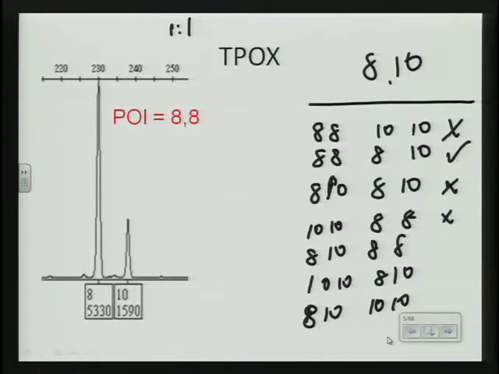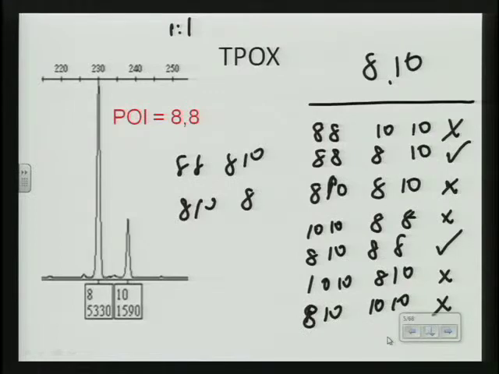No, that goes out. 8, 10, 8, 8? Yes. 10, 10, 8, 10? No. And 3 10s there? No. So we only have 2 allowable combinations on the bottom, I guess. 8, 8, 8, 10, and the reverse. 8, 10, 8, 8.